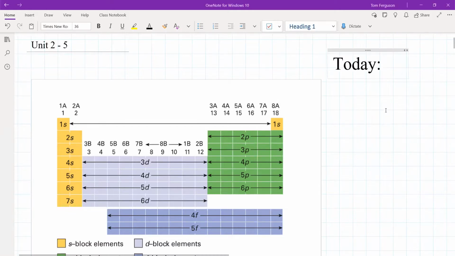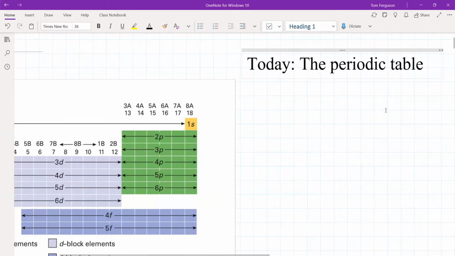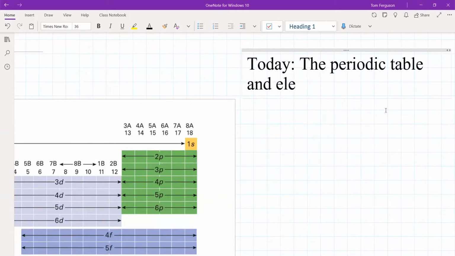I want to cover the whole idea of... I want to talk about the periodic table and how the electrons are organized.